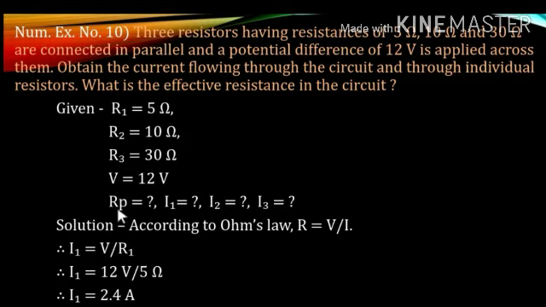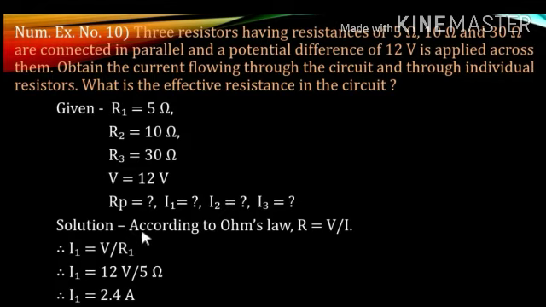Now we are interested in the calculation of effective resistance in parallel connection, that is Rp. Also I1, that is current flowing through the first resistor, I2, that is current flowing through the second resistor, and I3, that is current flowing through the third resistor.